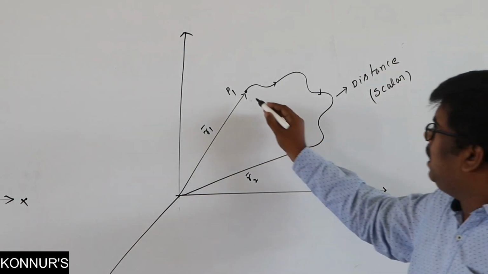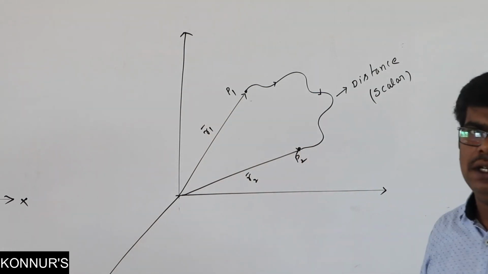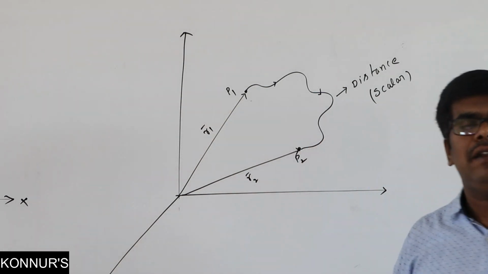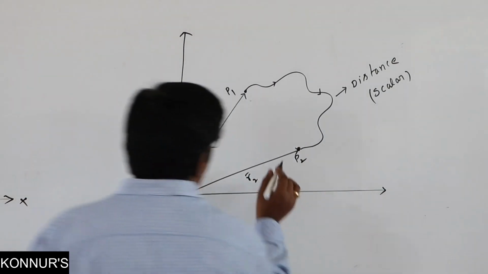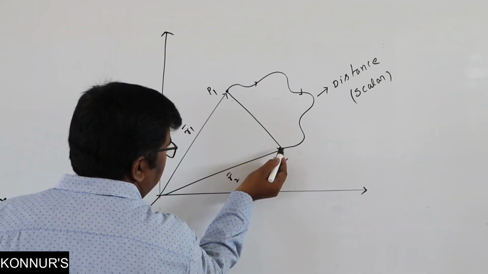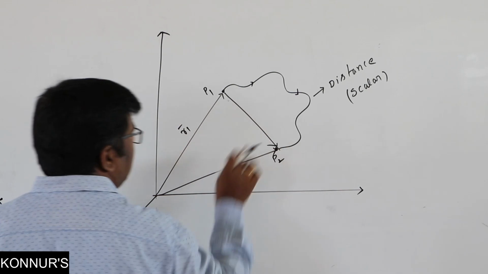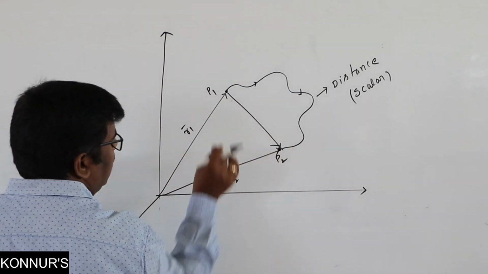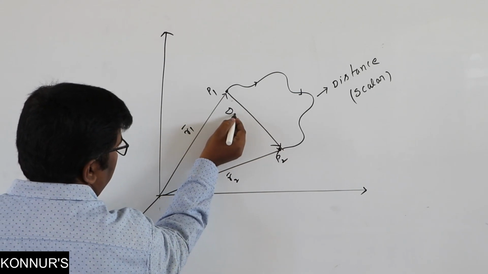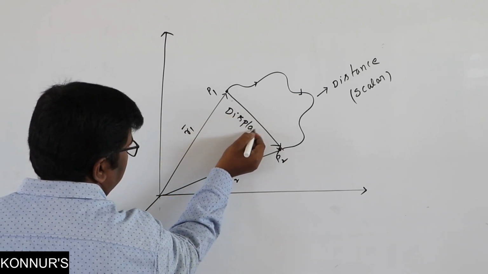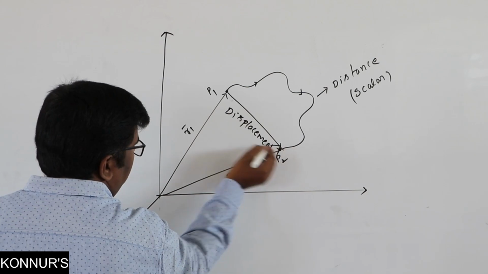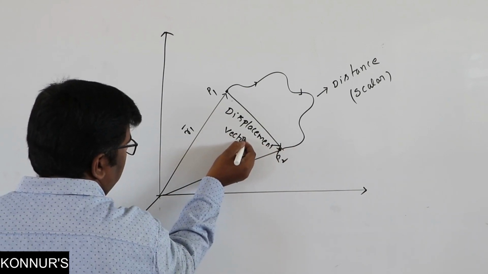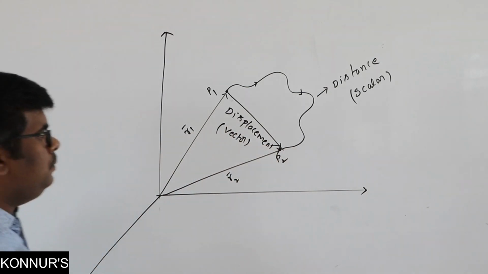And from the initial position to the final position, the shortest straight line path is what we call the displacement, and it is a vector quantity.